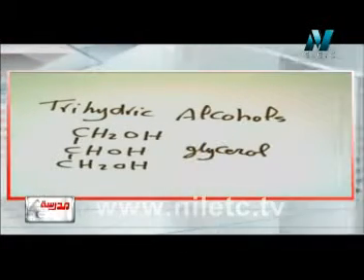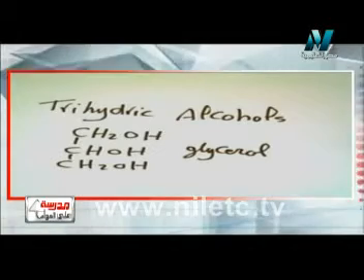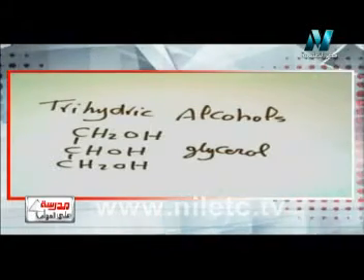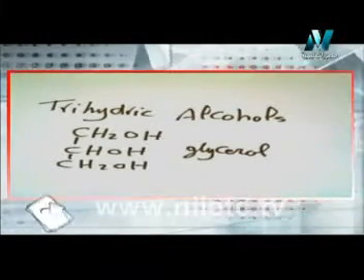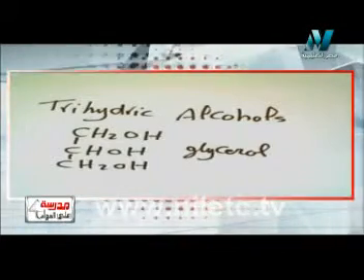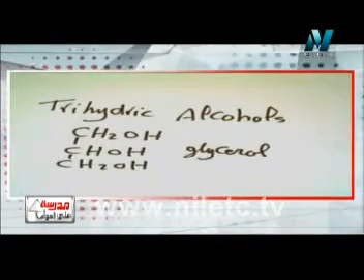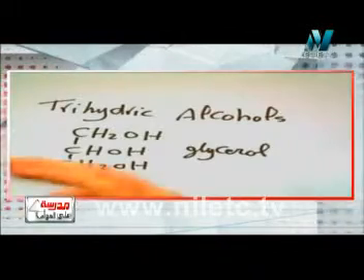We can prepare glycerol when we react oil with sodium hydroxide or potassium hydroxide in the preparation of soap. It gives glycerol and soap. Because glycerol contains 3 hydroxyl groups, its boiling point increases. The boiling point of glycerol, which equals 290, is more than the boiling point of ethylene glycol, which is more than the boiling point of ethanol.